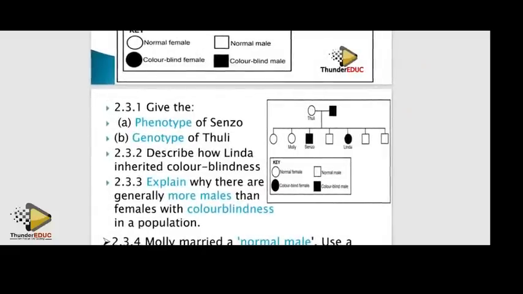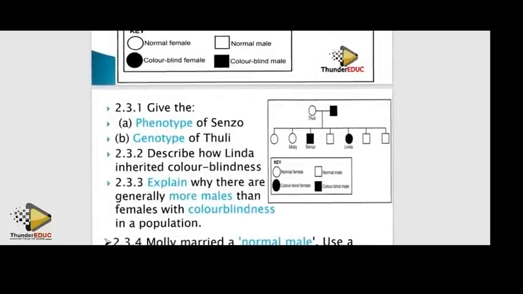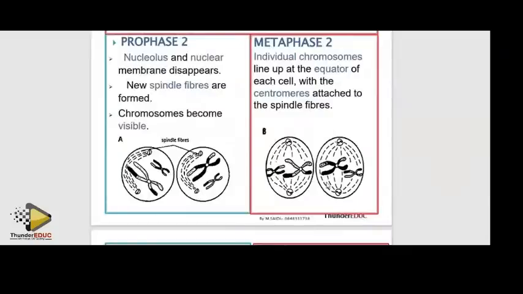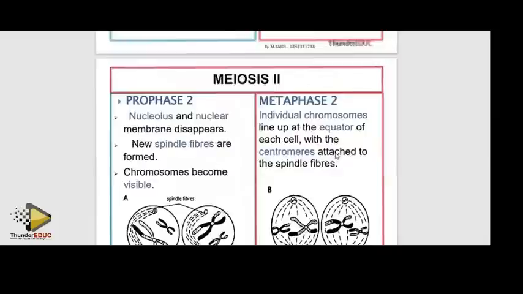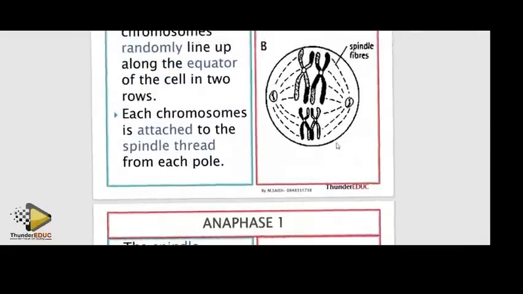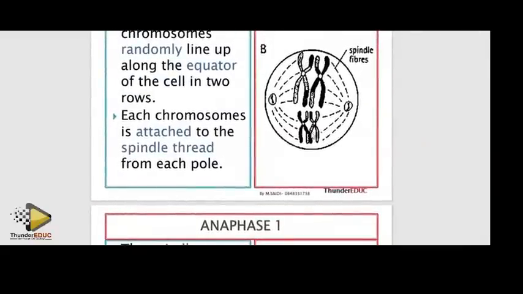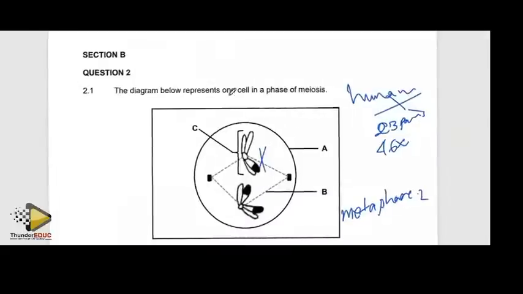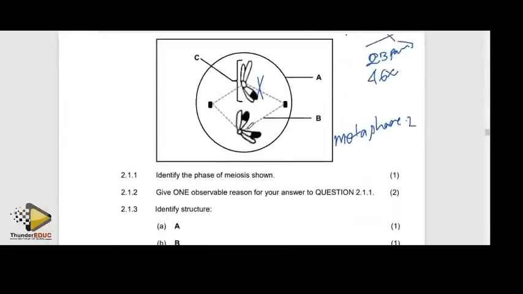Where do we find this? In our book, we go to meiosis. You see that the chromosomes are aligned along the equator singly. But if it was meiosis 1, it would have been like this. They would be in pairs, but they're not in pairs, therefore it is meiosis 2. Then they're saying identify A. What is A?